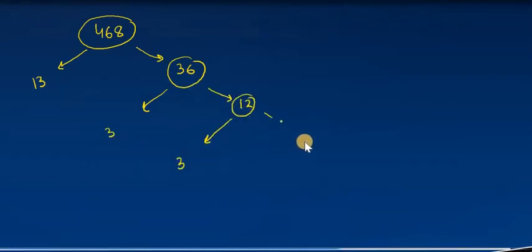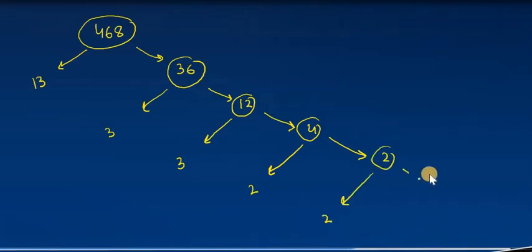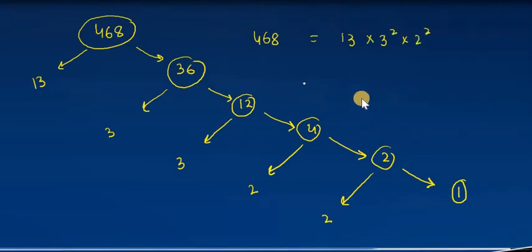Again divided by 3, you will get 4. Divided by 2, you will get 2. And again divided by 2, you are getting 1. So 468 is equal to 13 multiplied by 3 multiplied by 3 multiplied by 2 multiplied by 2, or 13 multiplied by 3 square into 2 square.